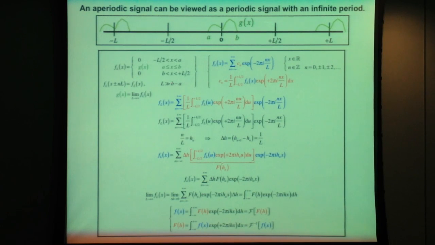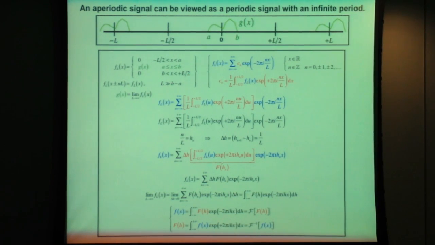And similarly, on the other side, in this little range from b to plus a half L, the function has a value of 0. And in that special place between, in the range a to b, whatever the equation of this funny little two-humped curve, that's the function g of x.